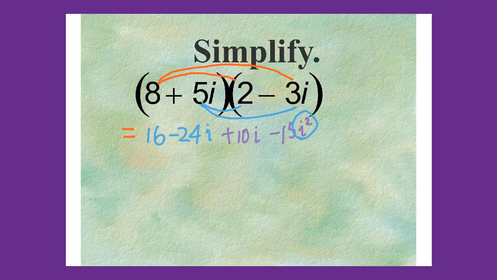I squared means -1. Therefore, for this one means positive 15. Then combine like terms. You will get 16 plus 15 is 31. These two like terms, we got -14i.